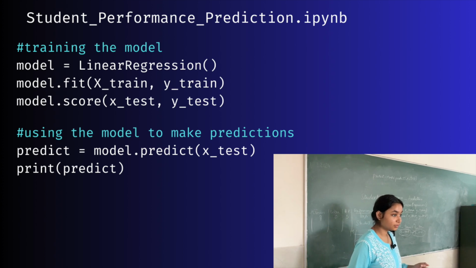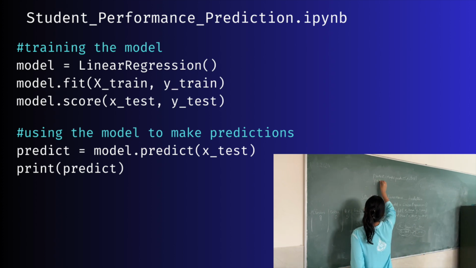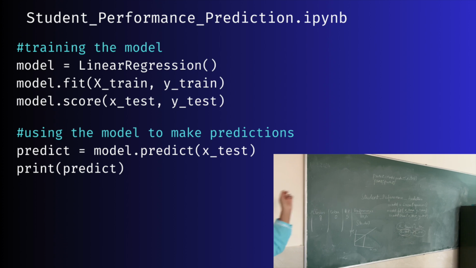What did you get? You get an entire column of just the predicted answers. Okay, try to do this: print predict, and let me know what the rest of you also get.